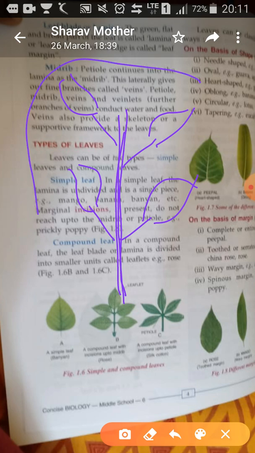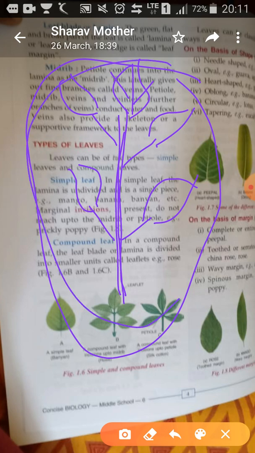So this whole thing can't be considered a plant. This whole thing will be considered as one leaf only. Understood? These kinds of leaves, which have many small leaves attached to them, are what you call compound leaves.